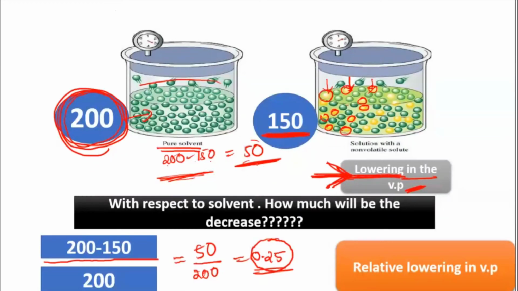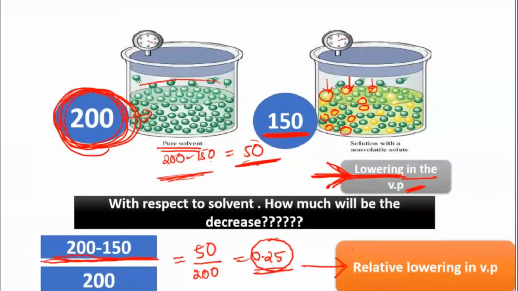Now you are calculating with respect to the solvent how much decrease has happened. The solvent value was 200, so with respect to the solvent I take 200 minus 150 divided by the total value, that is 200. Then you get this value, which is called relative lowering of vapor pressure.